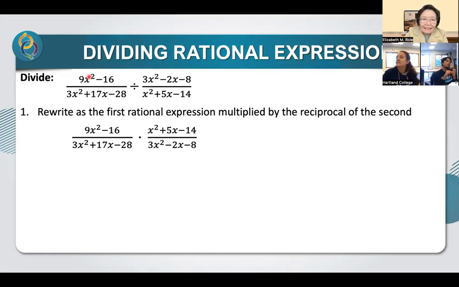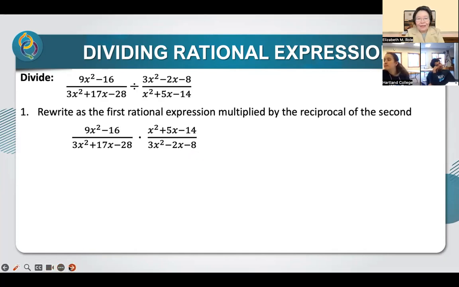I just copied 9x squared minus 16 over 3x squared plus 17x minus 28, but then I flip. This one will now become x squared plus 5x minus 14 over 3x squared minus 2x minus 8. So just the first step, flipping.